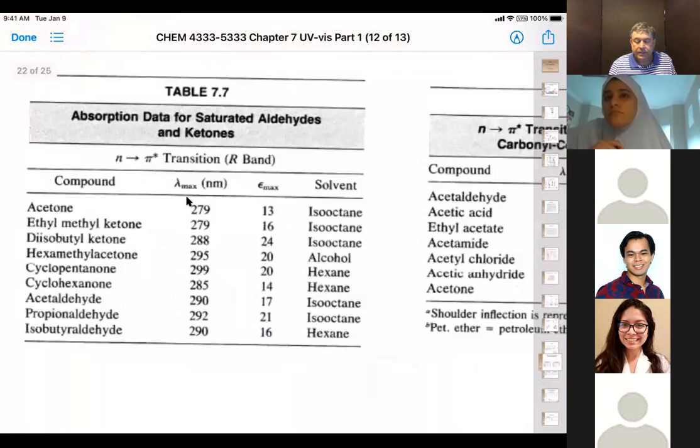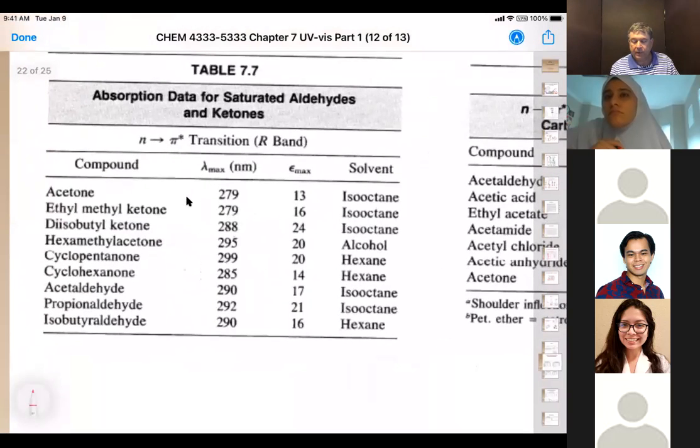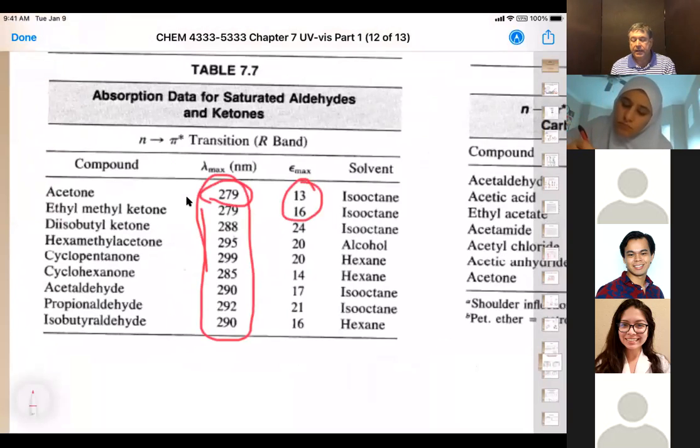If we look at acetone here, we're getting really close to 300, but it has a very small extinction coefficient. This entire group of ketones are all right in the same range, and none of them have a very high extinction coefficient.